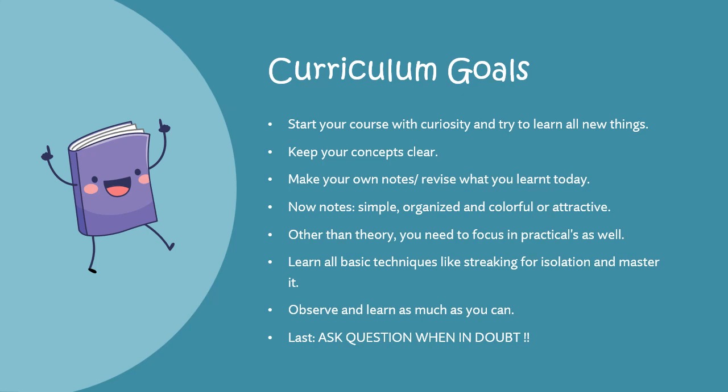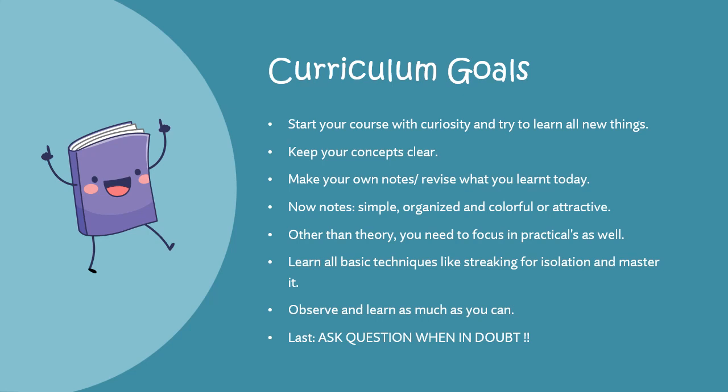If you don't have a pure culture or a pure colony of a given microbial culture, then it gets very difficult to proceed with any given practical or experiment. So having isolation is very important, and in the first go you should get a pure culture.